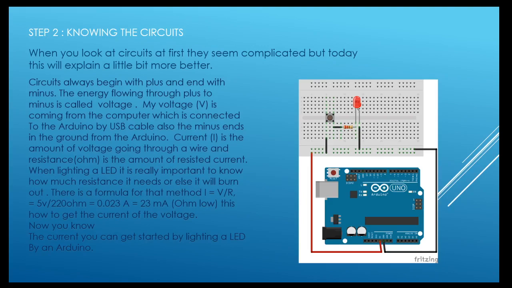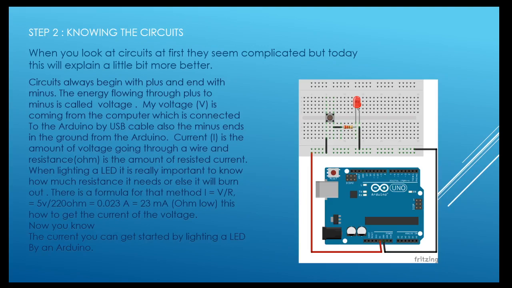Okay, so where did I leave off? Current, I. For the current, how the electricity flows, that's going to be I. The letter symbol I is the amount of electricity going through a wire and resistance. You remember we had a resistor. You see this on the circuit is a resistor.